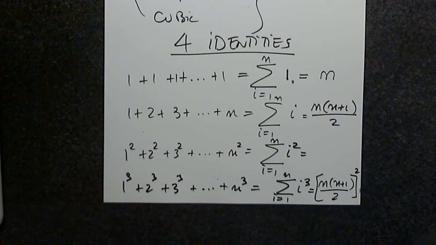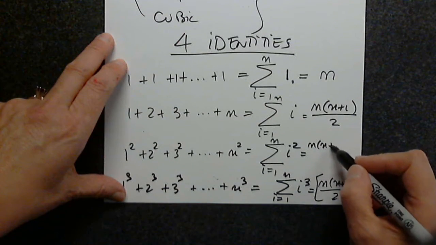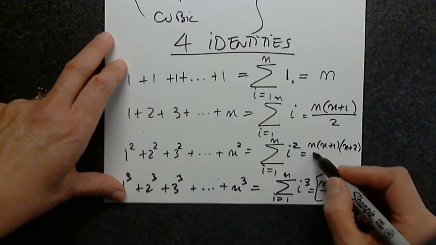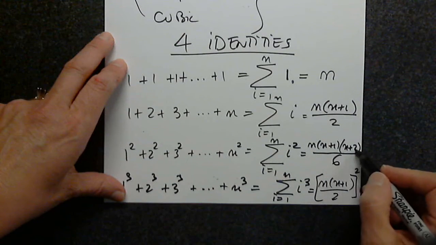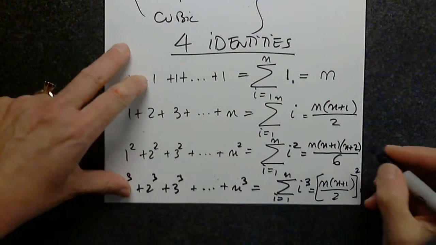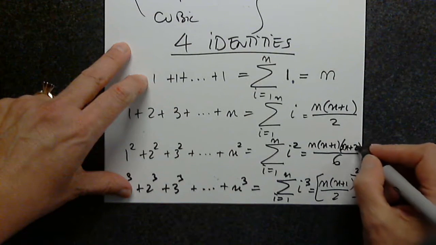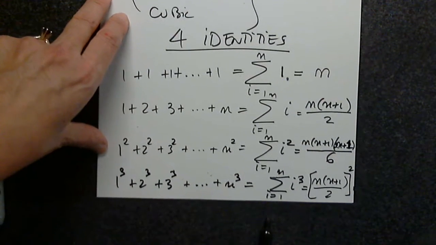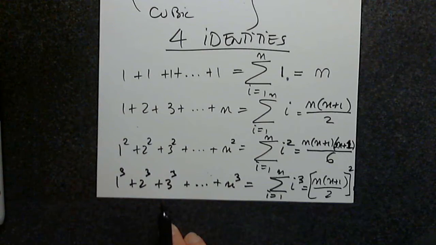The middle one is the most difficult to remember. n times n plus 1, so you have the same thing, times 2n plus 1 divided by 6. I reversed this by mistake. I'm sorry, 2n plus 1. n times n plus 1 times 2n plus 1 over 6. Sorry about that. Okay.